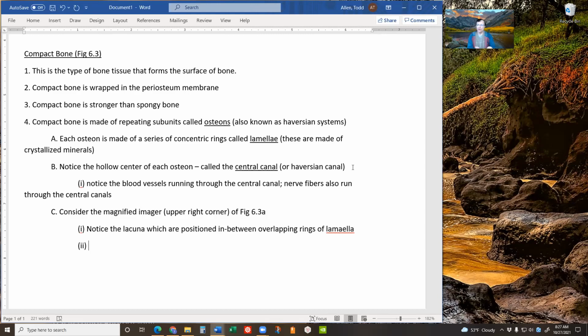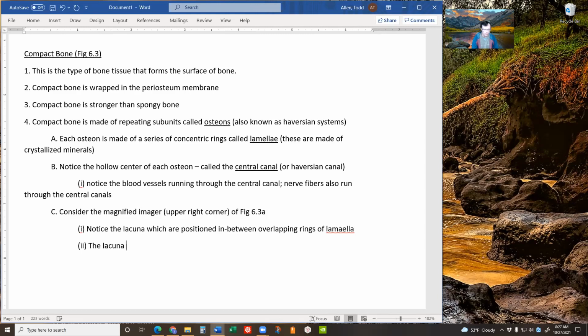So the lacunae are pockets of space in the minerals that allow for a cell to be positioned. So in that lacuna, you're going to find typically an osteocyte. You could find other varieties of cells we've also documented as well. You could find osteoprogenitor cells. You could find osteoblasts there as well.